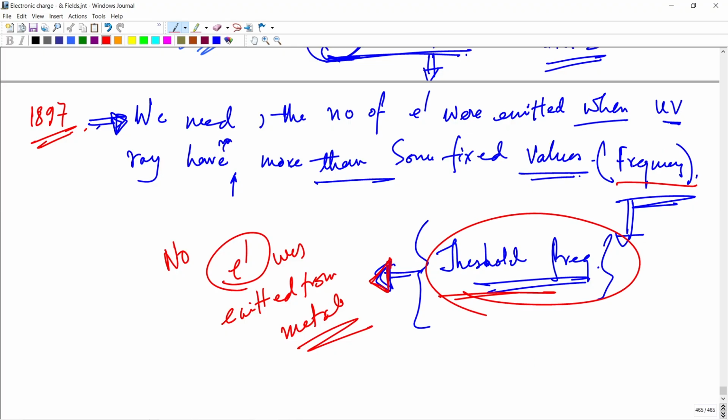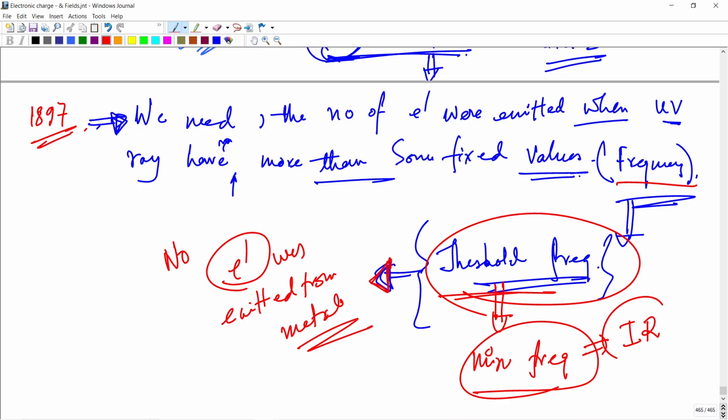The threshold frequency is the minimum frequency that must be needed, and it depends on the nature of the material.